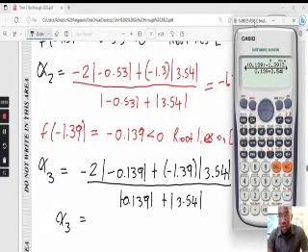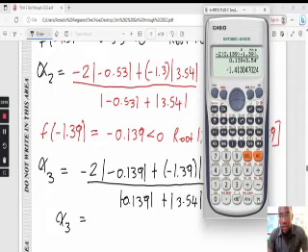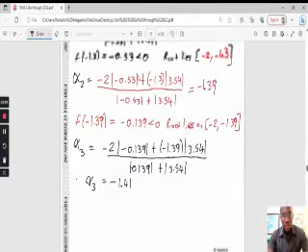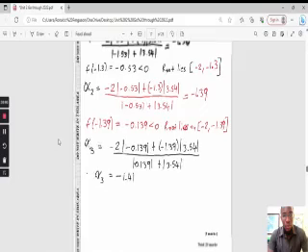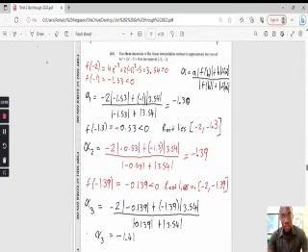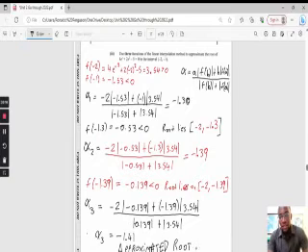We input this into our calculator and we get negative 1.41. So that's our approximated root. You can write it here. The approximated root is negative 1.41.